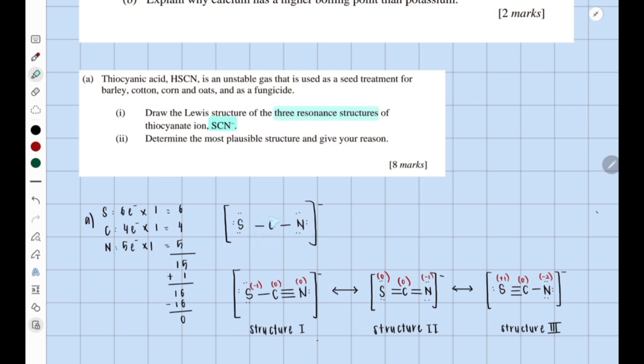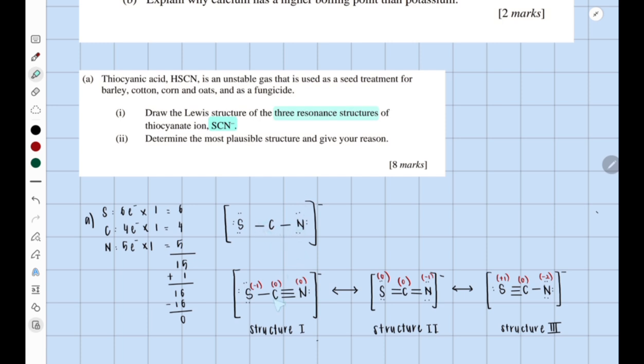First, we need to complete the octet of the nitrogen and the sulfur by adding 6 electrons or 3 lone pairs around each. Since C does not have a full octet, we need to form multiple bonds by sharing electrons between the atoms.